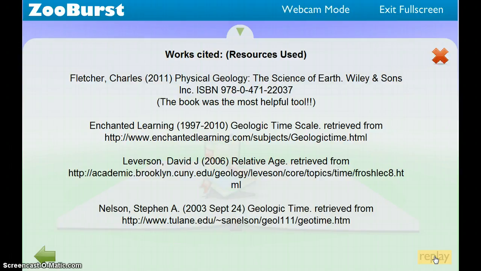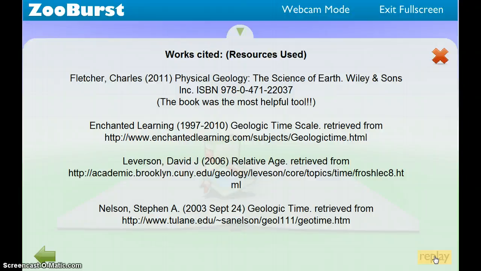I found the book most interesting for finding information about dating rocks and dating the Earth in the geologic time. Like I said, it's so amazing how you can just look at a rock and come up with a relative age. Oh, this rock belongs in this era, or this fossil is associated with that era. So that's basically what my project breaks down.